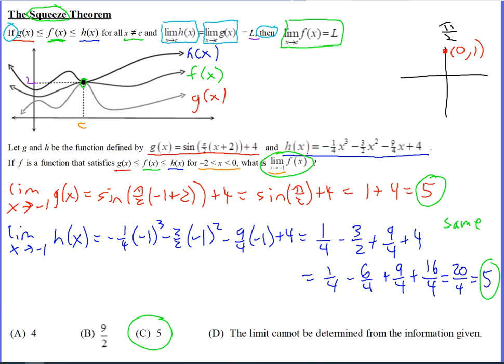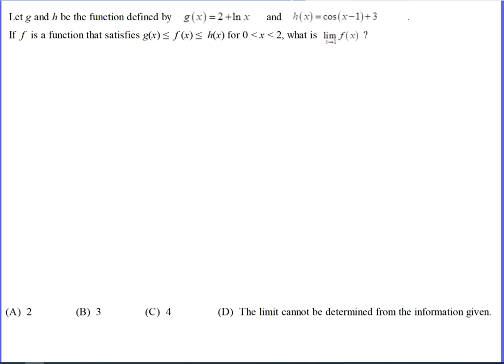All right, let's take a look at the next one here. So here g of x and h of x are given again. And g of x doesn't have to be the one that's the least of h of x could be. It's just really arbitrary which one is which. Okay. And again, this is for f of x between there on the interval from 0 to 2.